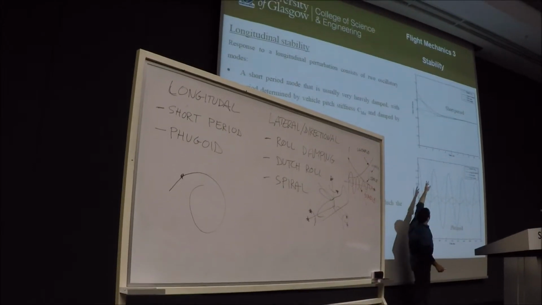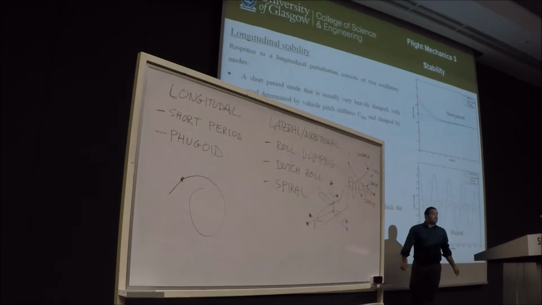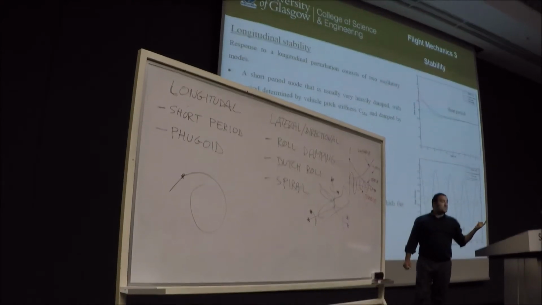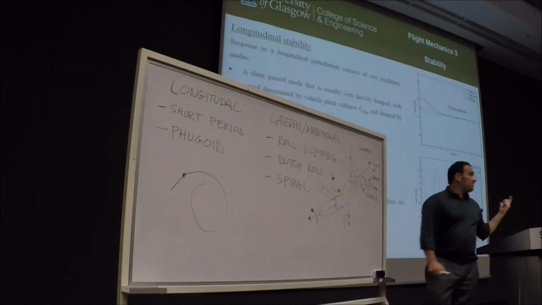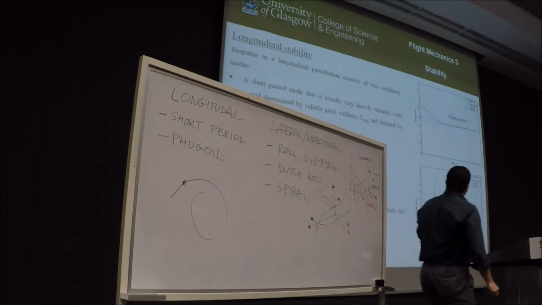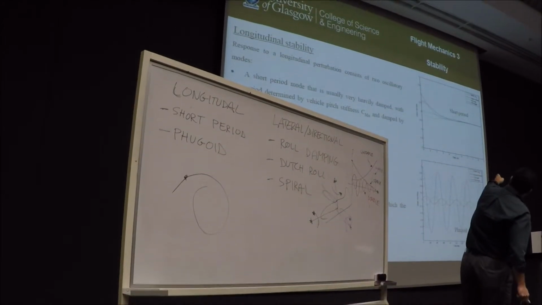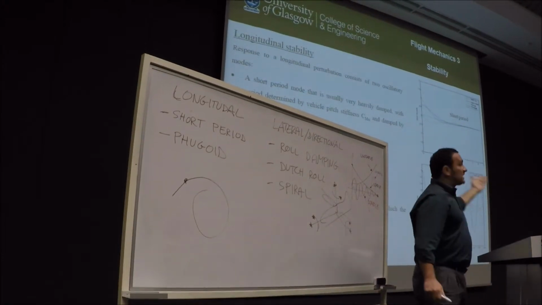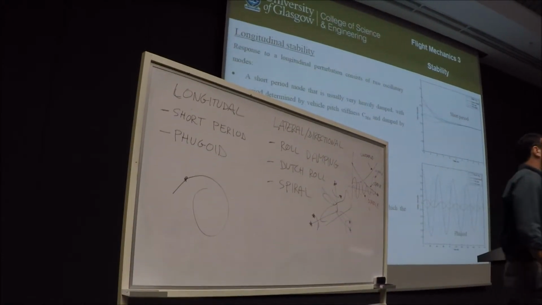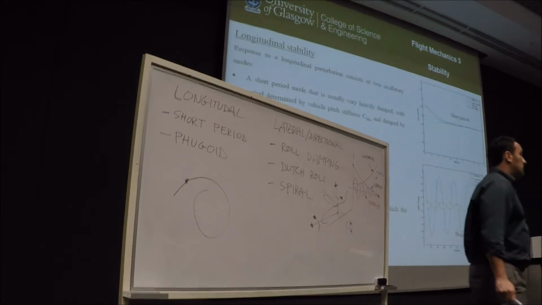In the roll perturbation, there is an almost immediate stop in the perturbation. After 2 seconds, 3 seconds, you're almost back to the nominal condition of zero.